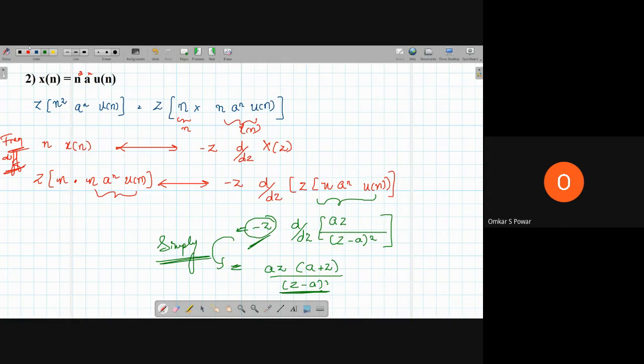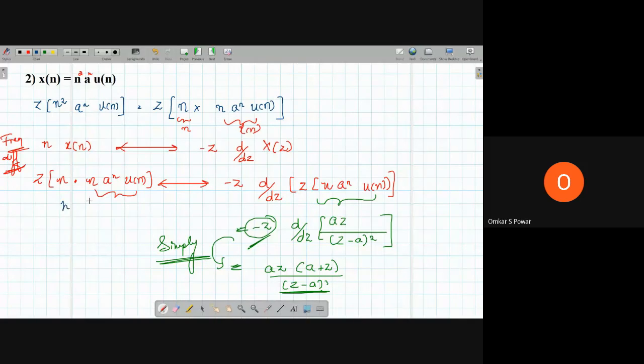Let us see once again what's the logic we have used, because that's important. Given the question x of n is equal to n square a power of n u of n, I have expressed it in the form of n x of n, because we can use the frequency differentiation property and get our answer. What is the frequency differentiation property? z transform of n into x of n is nothing but minus z d by dz of x of z.